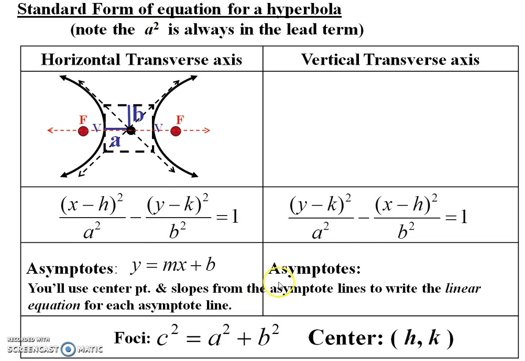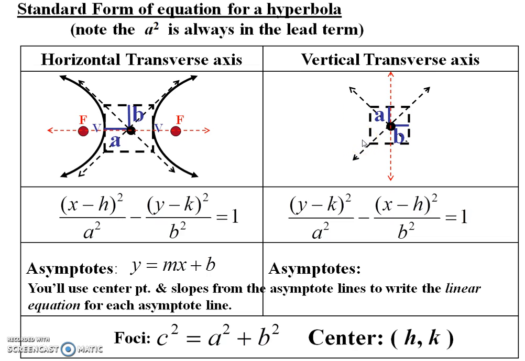We are going to determine the linear equations from those lines, and that is some information I'm going to request of you. So over here, let's draw a picture of what it might look like if we went out in both directions from the center a distance of a and a distance of b, creating what I'm calling the box.